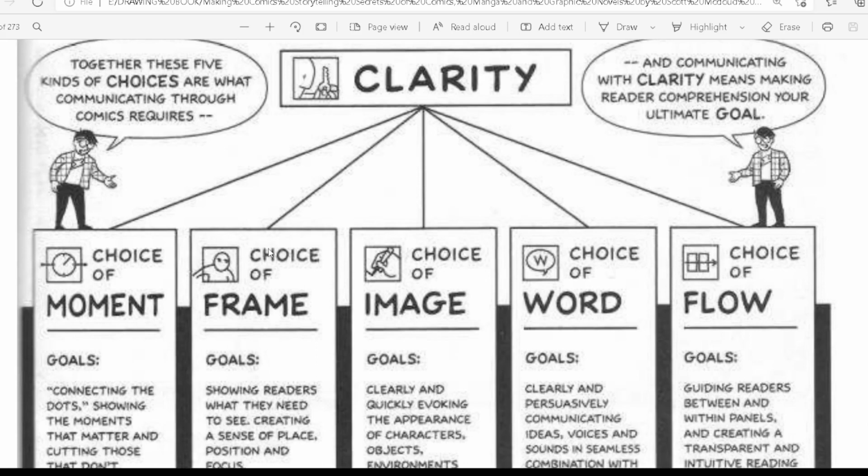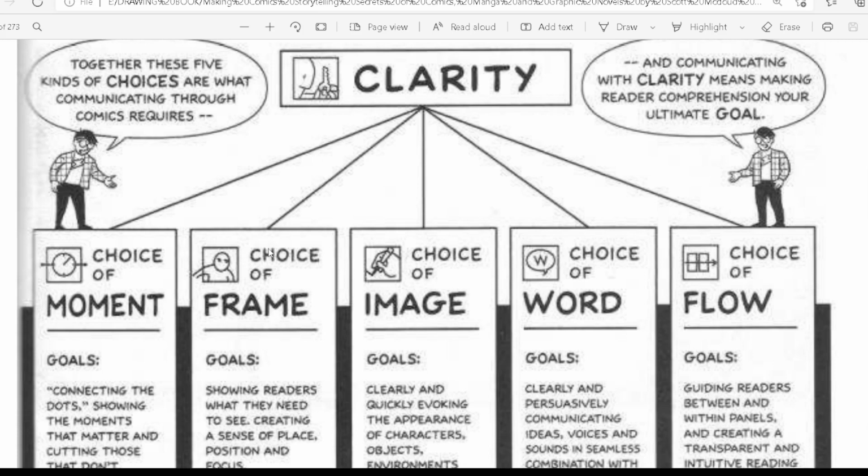Okay, so now we have already discussed choice of moment, choice of frame, choice of image, choice of word, and choice of flow. We talked into that in detail. If you go back in my videos, you can see there are 5 videos I have uploaded earlier.